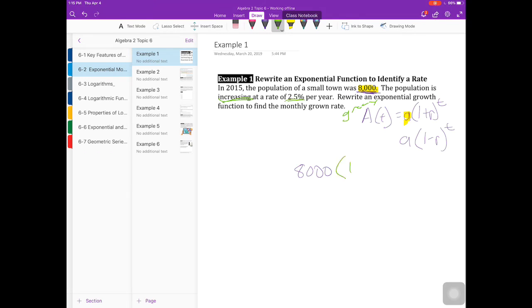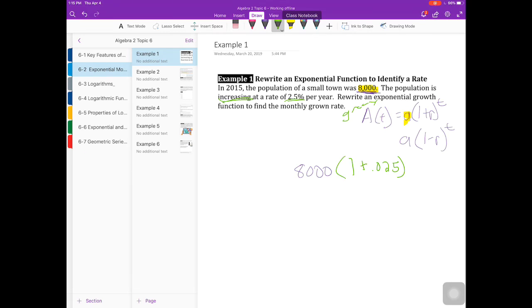Now remember, we have to turn that into a decimal. So we're going to have 1 plus 0.025.